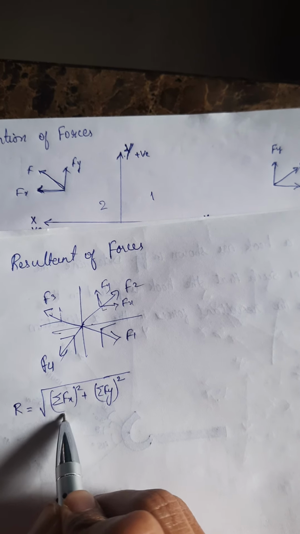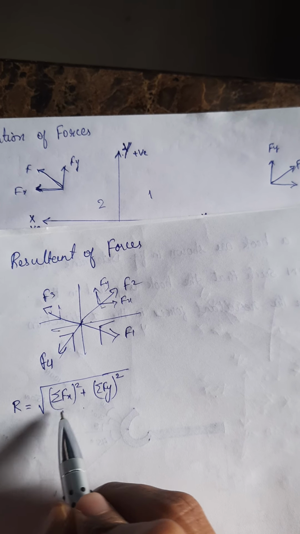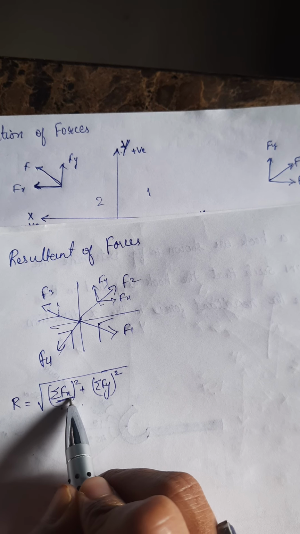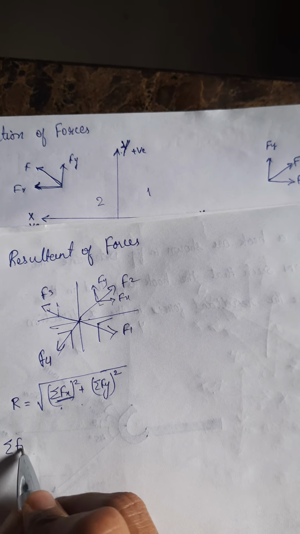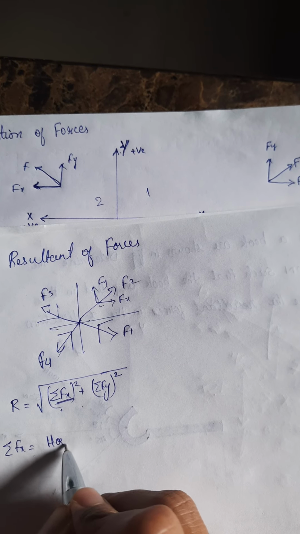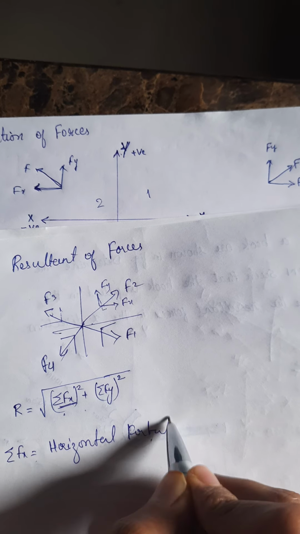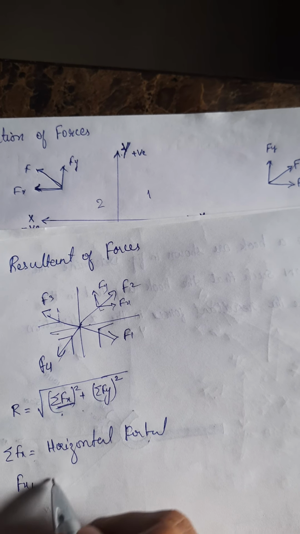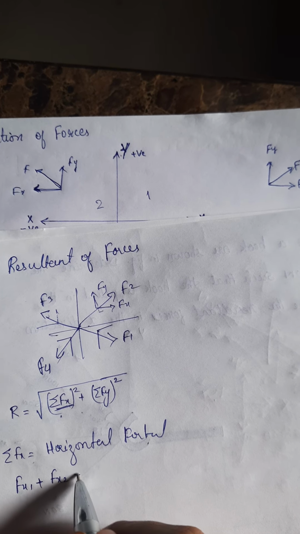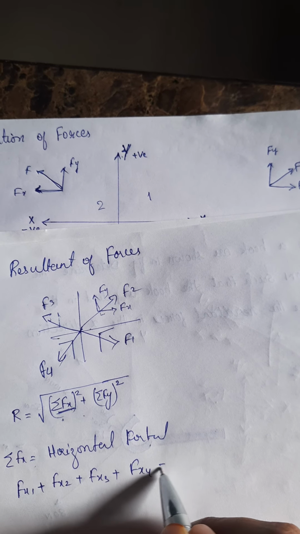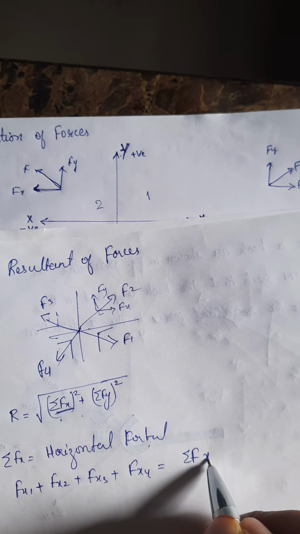This is a formula, you have to remember this, and for this you have to calculate the summation of f of x. What is summation of f of x? Summation of all the horizontal forces. For example, fx1 plus fx2 plus fx3 plus fx4 is equal to summation of f of x.